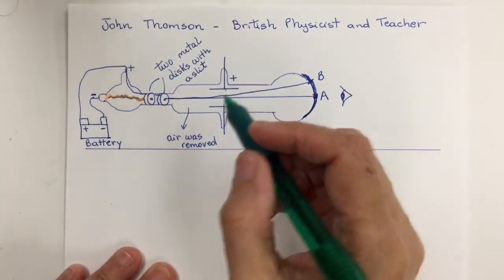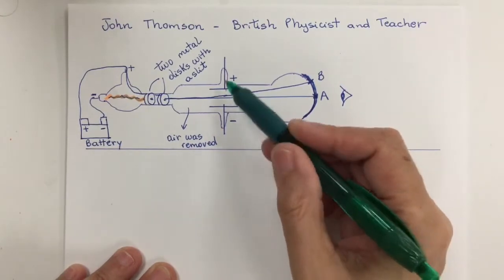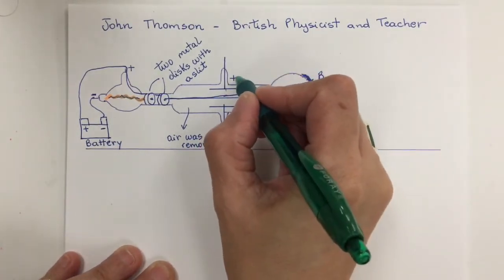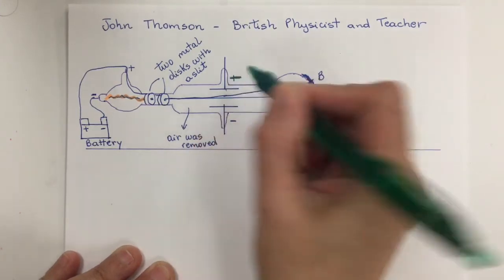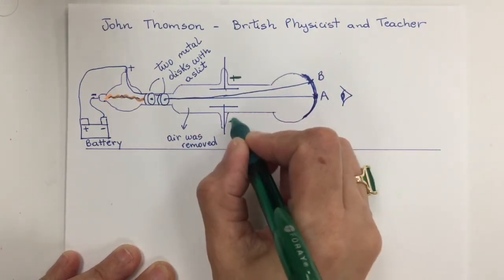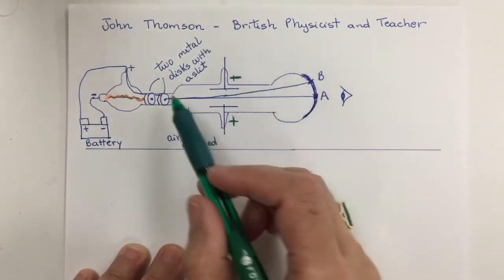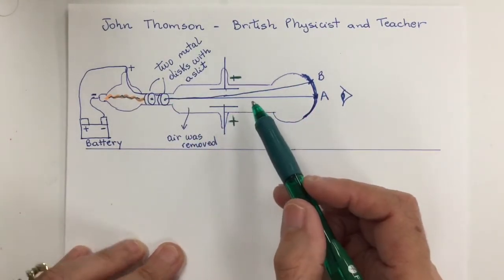At this time, he reversed the polarity of this parallel plate. Now these will become negative and these will become positive. And he observed how the ray behaved in this condition.